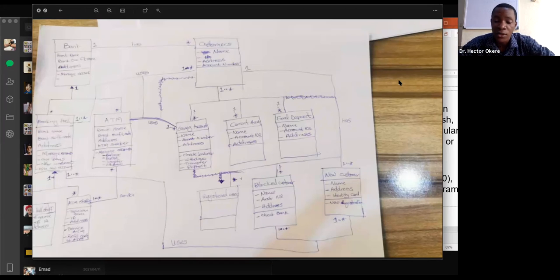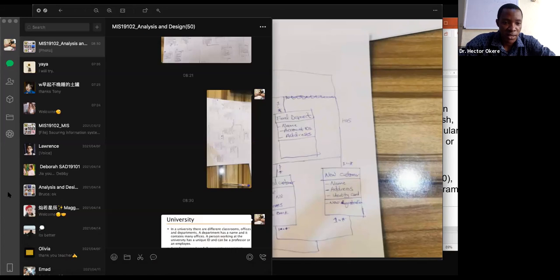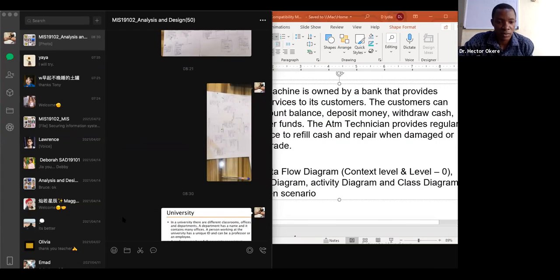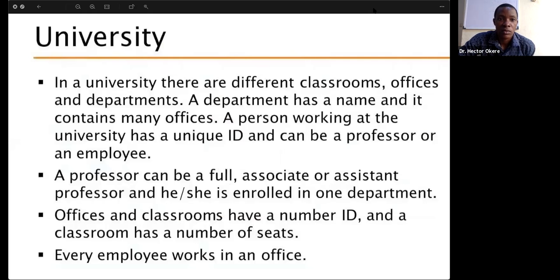All right, so this is a new scenario I put in your WeChat group, okay? Let me share it with the screen as well. Okay, this is a new scenario. I just want the class diagram. If you want, you put your attributes and behavior, it's okay. If you want, don't put it.